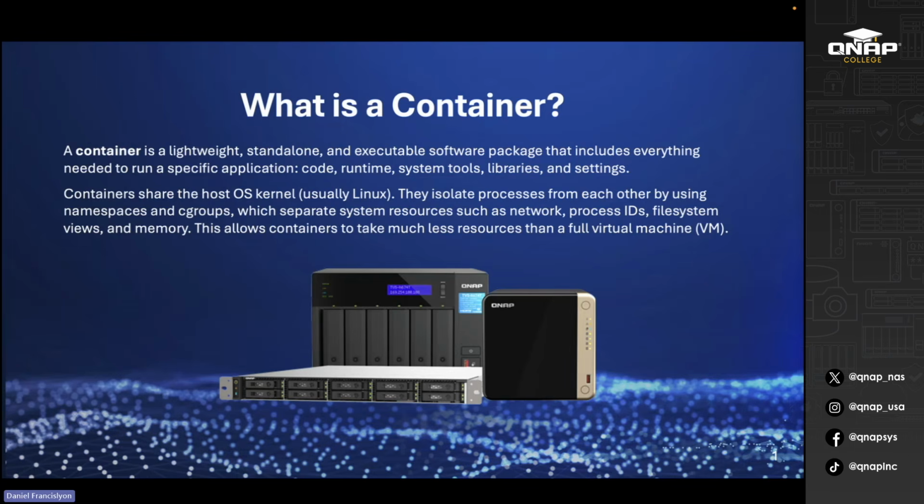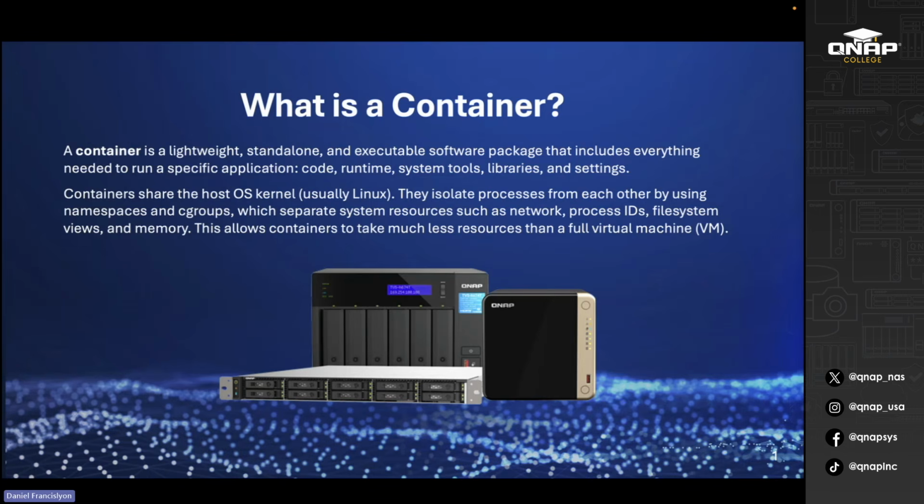But a difference between a container and a typical virtual machine is containers share the host OS kernel. And that means they take many fewer resources than a typical VM, because in a typical VM, you have to run a hypervisor and then run a different kernel on top of that hypervisor. But a container can all use the same host kernel, but it still has most of the isolation a VM would typically have.